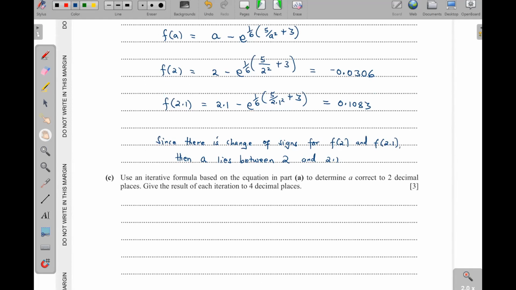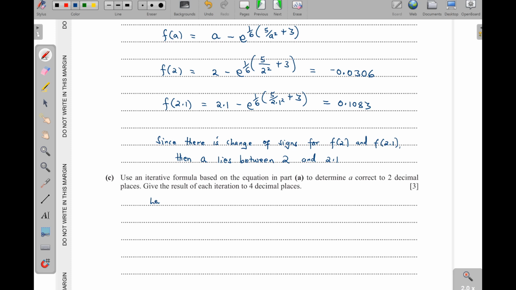We are supposed to find that a. They are saying use an iterative formula based on the equation in part A to determine a correct to 2 decimal places. Give the result of each iteration to 4 decimal places. Since we don't know the root, but it is in between 2 and 2.1, we use an average as our initial approximation.